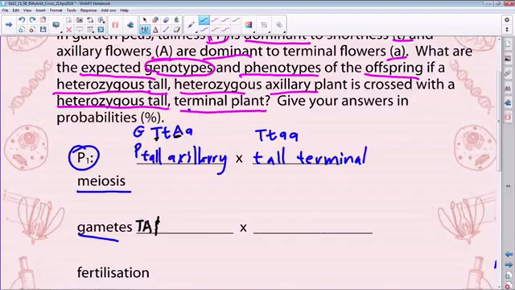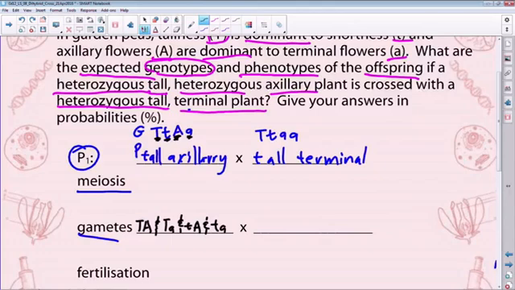Then I take that T and that small a, so I'll have big T, small a. Plus that small t and this big A, so small t, capital A. And I'm going to have that small t and that small a. So there are 4 different types that we can get.